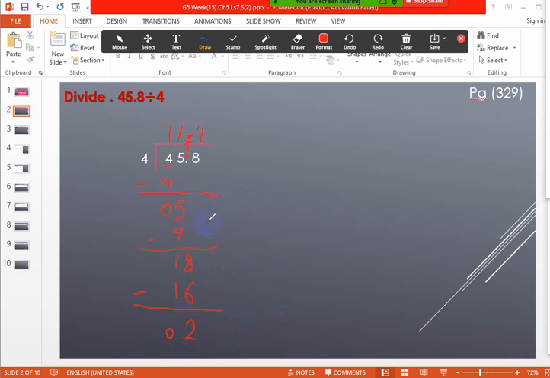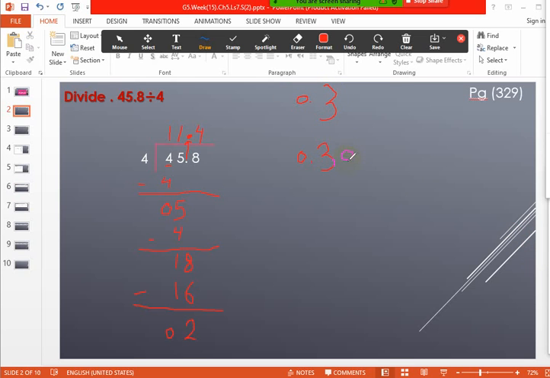Why? Because look, girls, did you remember when I told you as an example 0.3 or 0.30? It's the same, right? Why? Because the 0 on the right side after the decimal point has no value, okay?